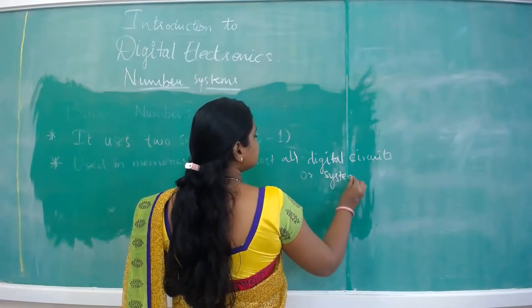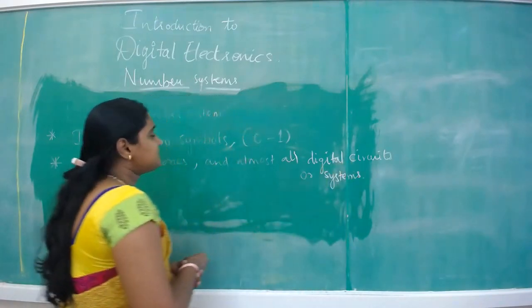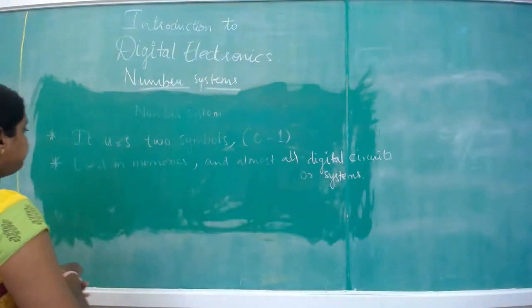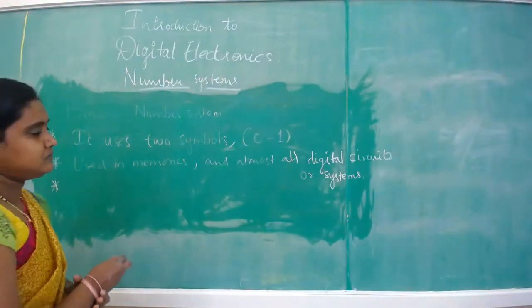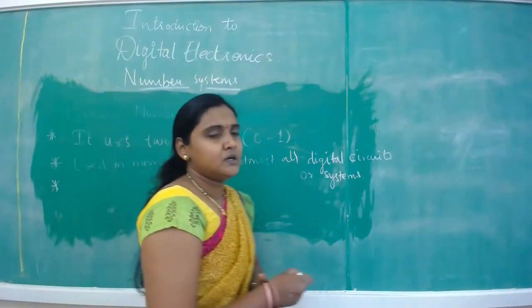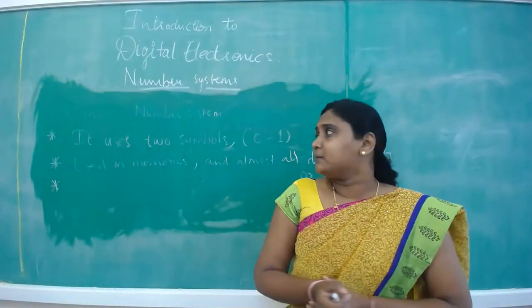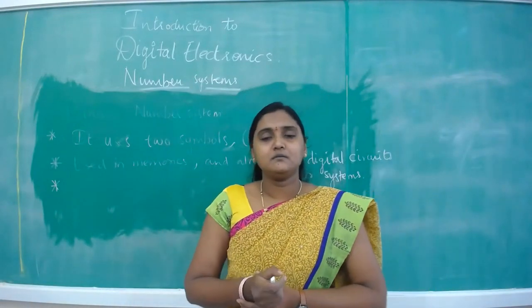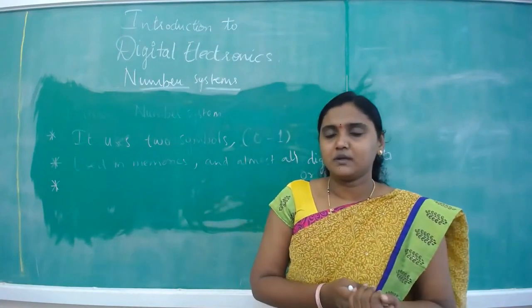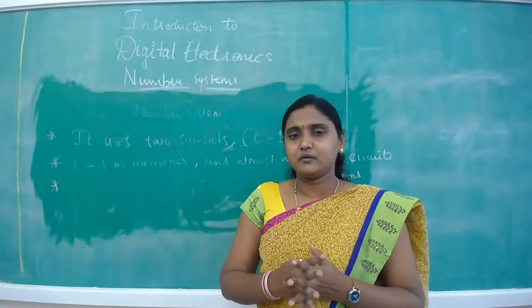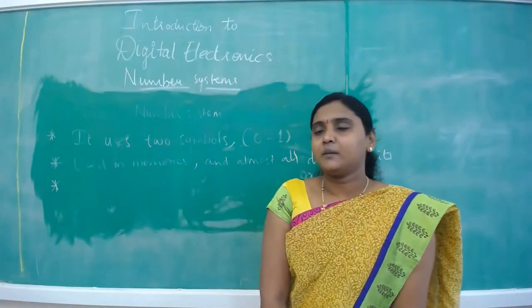All the digital systems use the binary number system. Okay. So this binary number system is used in digital systems. We can take the most familiar example as computers. Okay.